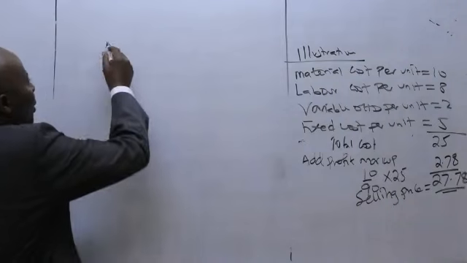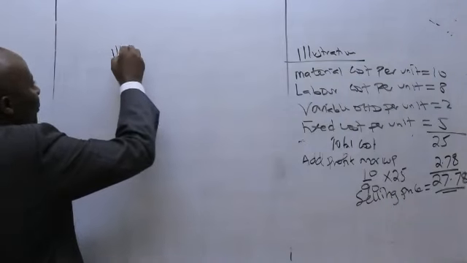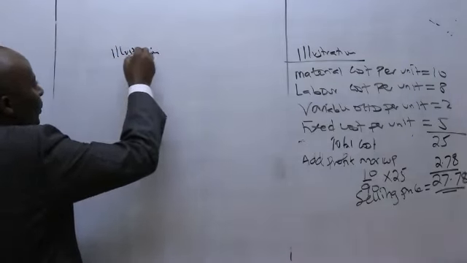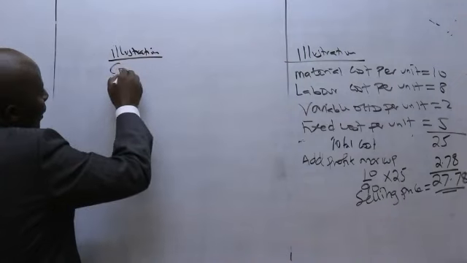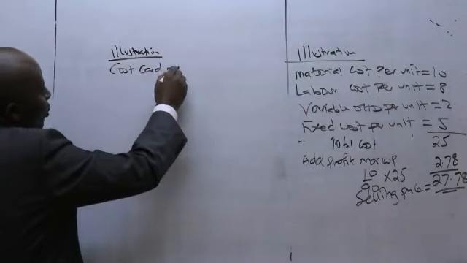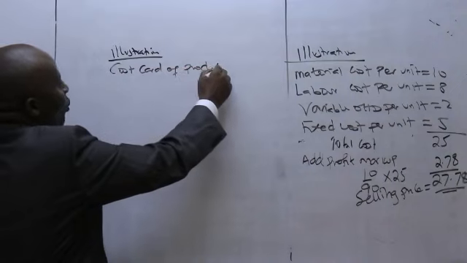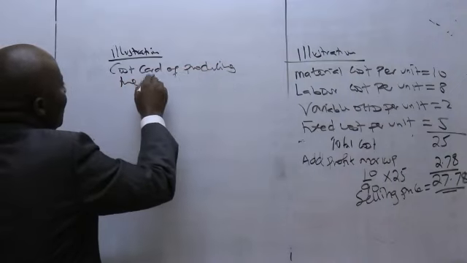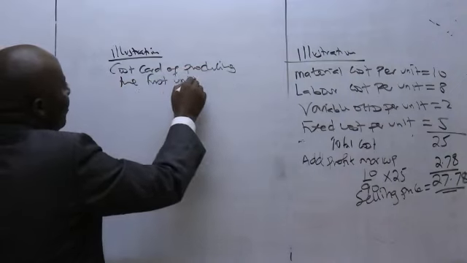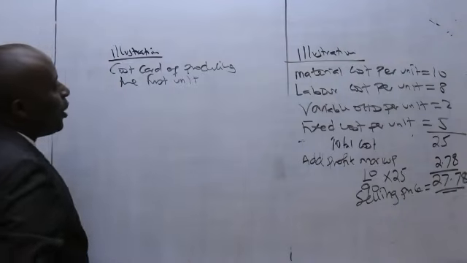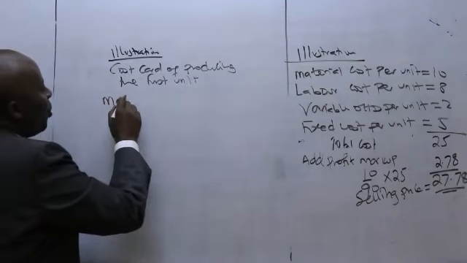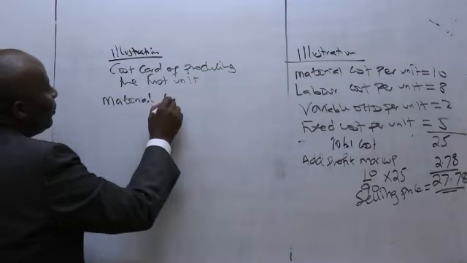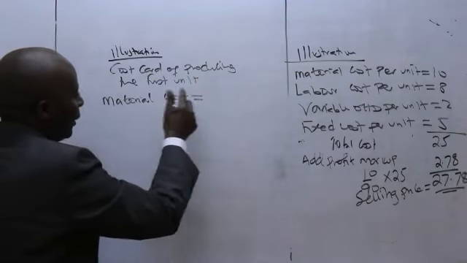Illustration 2. You are given the cost card of producing the first unit. They'll give you material cost equals 10.